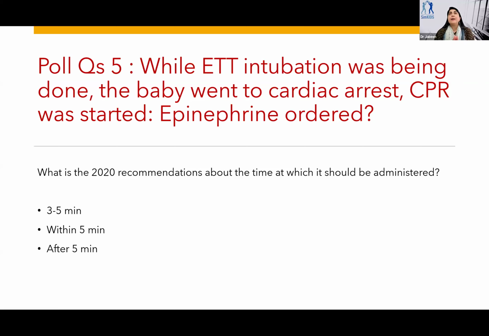And this is based on American Heart Association guidelines. I understand that there are some differences in the European guidelines, in the Australian guidelines. So please follow the guidelines. I'm just quoting the American Heart Association, APLS, which is Advanced Pediatric Life Support, based on the AAP, as well as Heart and Stroke Foundation.